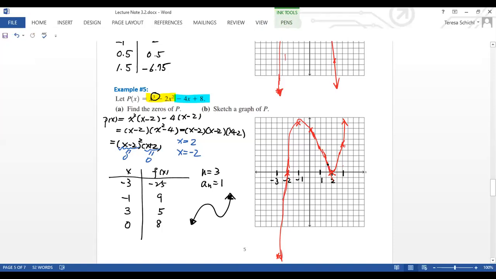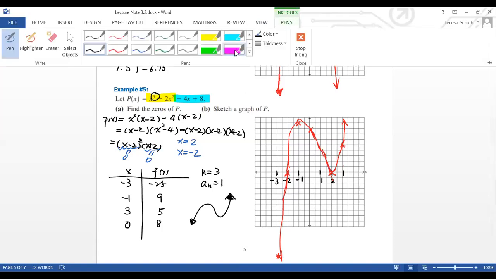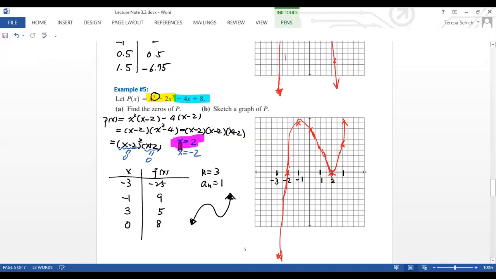So what happens here? This 0 comes from (x - 2) squared. So this 0 really is 2. Sometimes we call it the double 0, so it happened twice here. They both happen here.